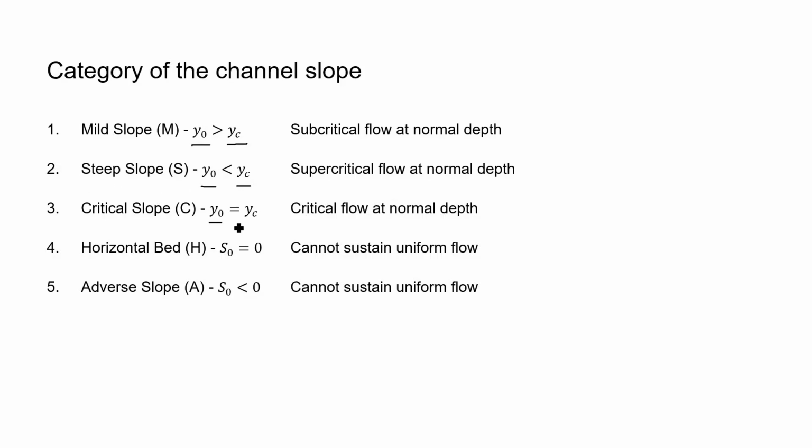And when normal depth and critical depth are the same, that is categorized as critical slope. Another two categories are defined on the basis of bed slope. When the bed slope is 0, that is termed as horizontal bed, and when the bed slope is negative, that is called adverse slope.